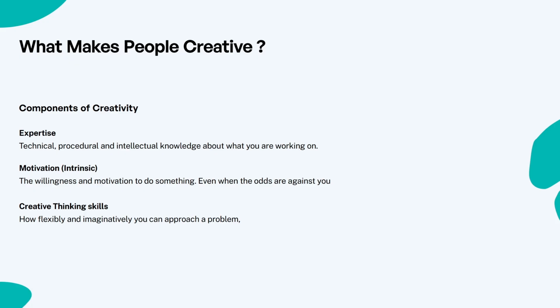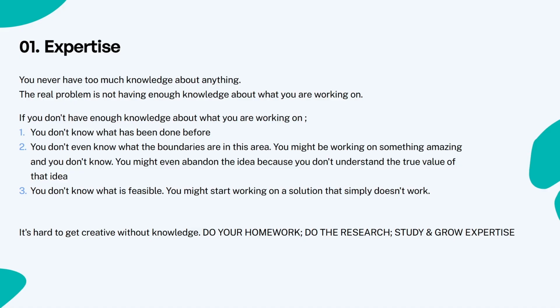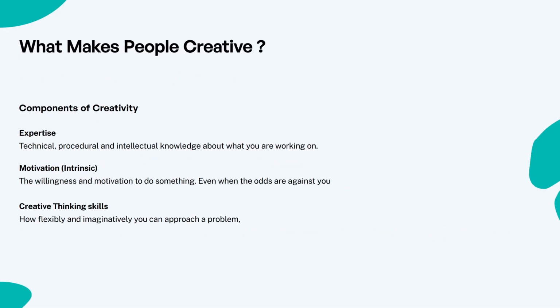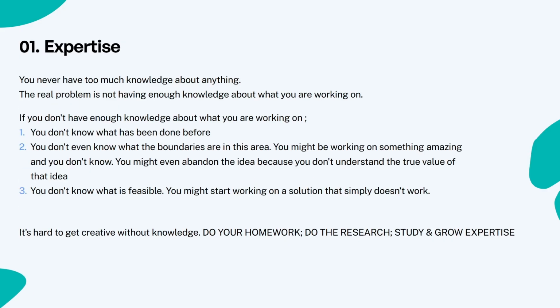The other thing I want to talk about is creative thinking skills. Yes, there are some skills you need to have to be creative, and we're going to talk about that in a few. But let's talk about each component, like expertise. You can never be too knowledgeable about a certain field. You can never have too much knowledge about anything.